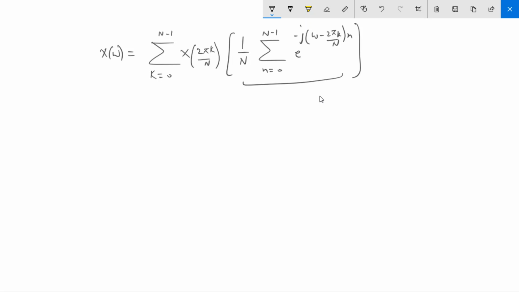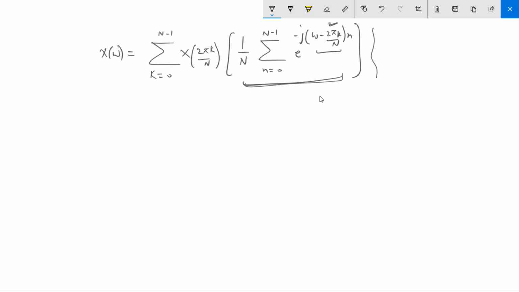If you look at this part, you will see this is nothing but the Fourier transform of a function which is shifted in frequency by 2 pi k by N.